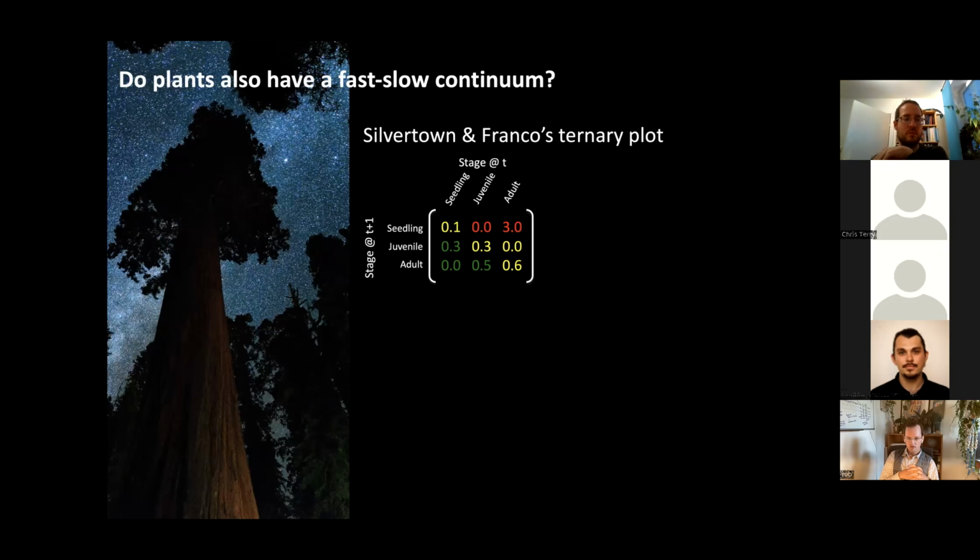Jonathan and Miguel explored, in their first version of COMPADRE, which had about 100 species for which matrix population models had been published, whether using the principle of elasticity you could organize plant species along this single axis of variation, the fast-slow continuum.